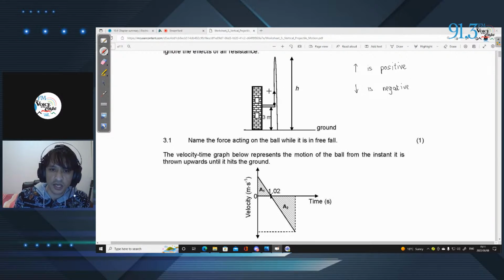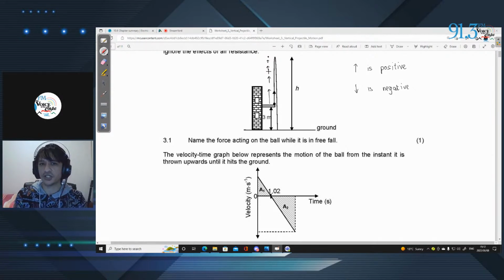Now, we can see that the ball initially, if you're throwing it and it's coming out of your hand and you throw it up, the maximum velocity is going to be the moment you throw it up. And as it goes up, that velocity starts to decrease till it gets to a point where it peaks and it stands still in the air for less than a second. And we can see our velocity starts off big, it's going in the positive direction, and it's slowly decreasing.